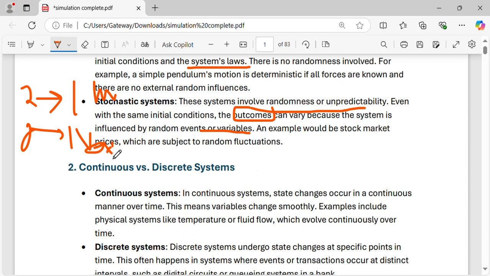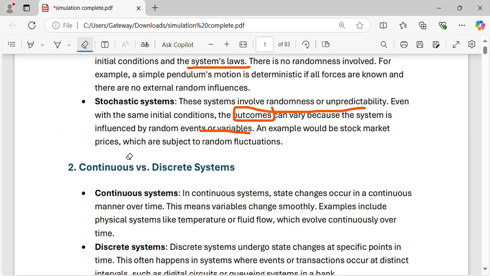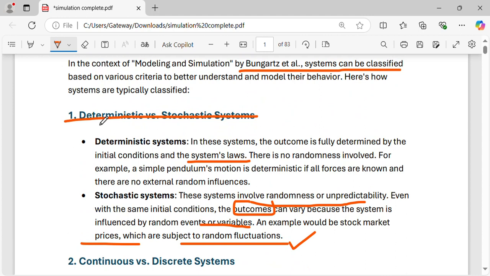So now we can't say that they are fixed numbers, they are just varying continuously, right? And this can be represented with probability distributions, but we'll talk about them later. An example would be stock market prices, which are subject to random fluctuations, right? They're always changing.